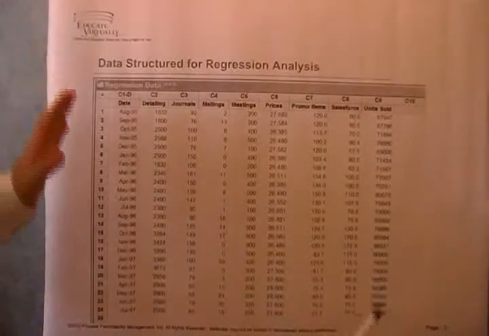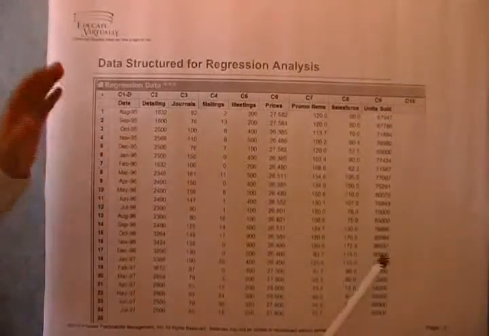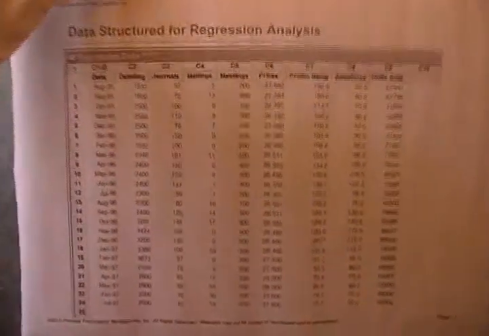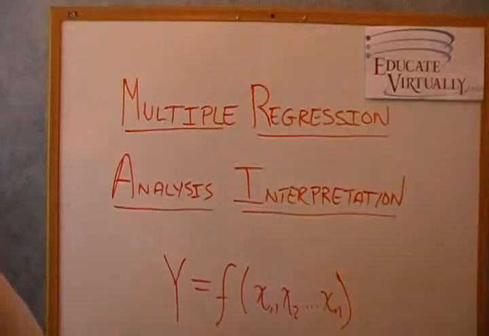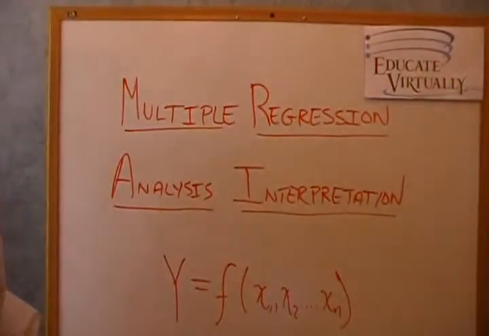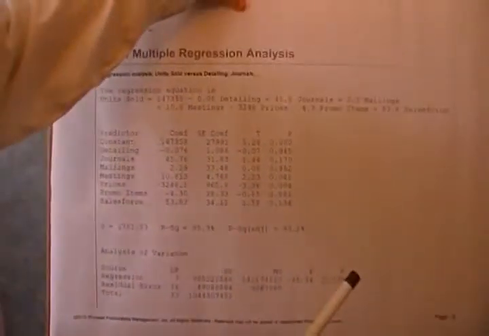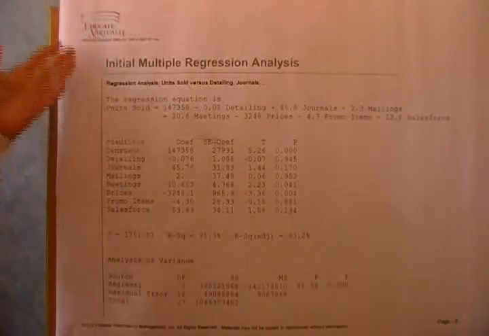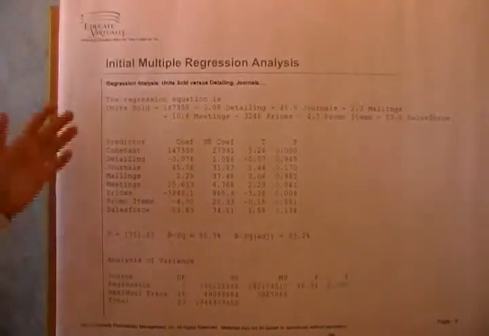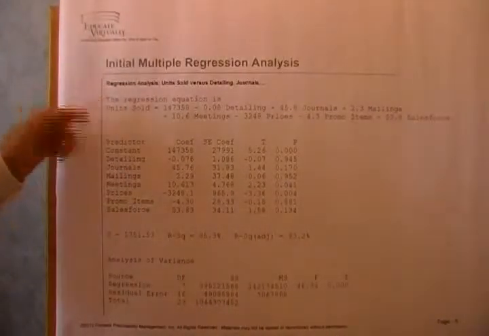So when we begin our regression analysis, we start with the initial analysis, and let's take a look at that. In the initial regression analysis, this is a typical output from a lot of the statistical software packages out there.